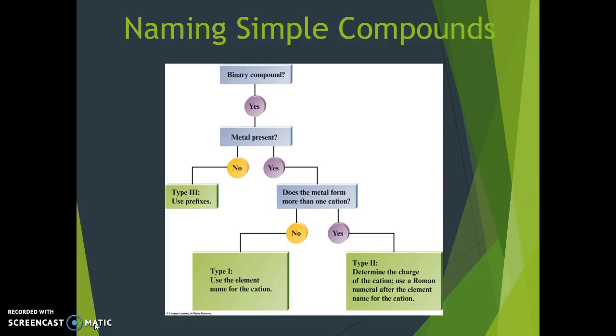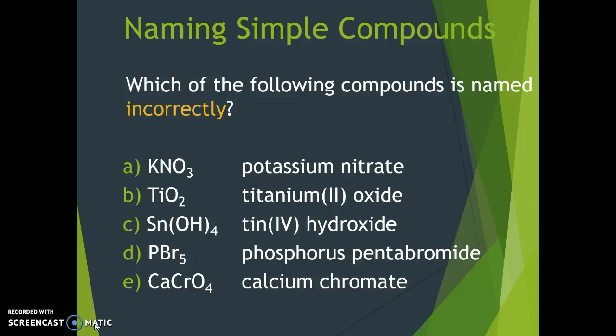If the answer is no, then you name the first element with its traditional name and change the second element ending to IDE. If the compound does contain a transition metal or a metal with more than one charge, you must determine the charge of the positive ion and then use a Roman numeral in the correct name.